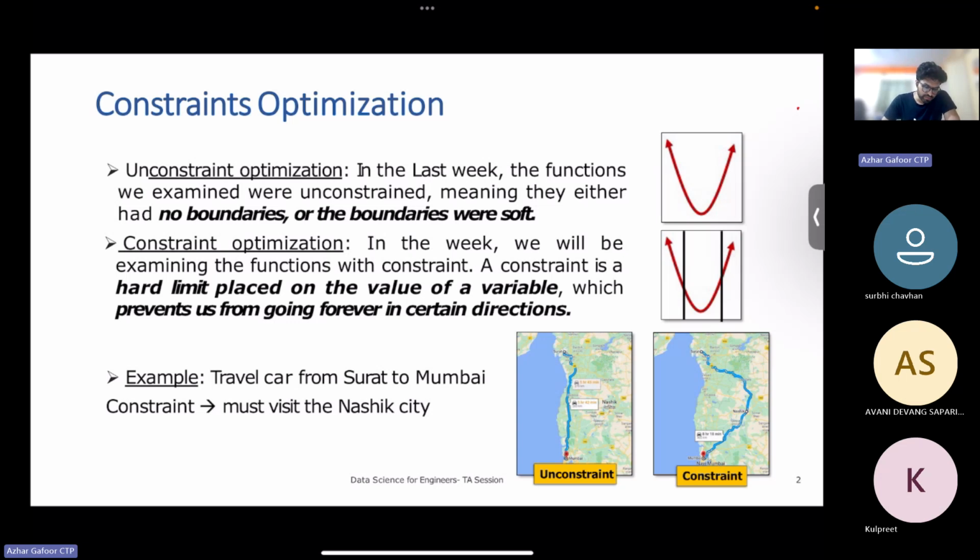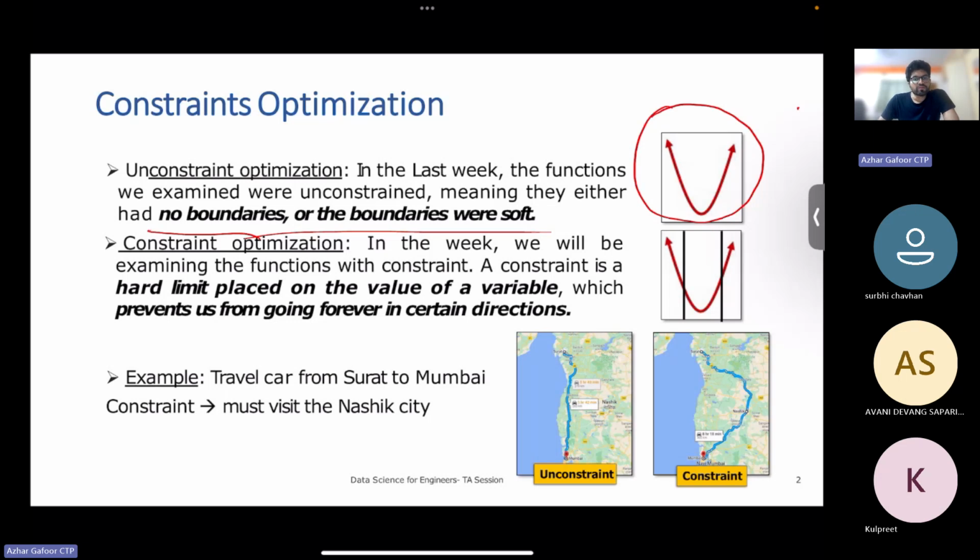That is, there were no boundaries, or the boundaries were soft in the sense that we were not taking infinity or minus infinity as a value, but there were no restrictions as such. Whereas in the case of constrained optimization, we will be examining the functions with constraints.